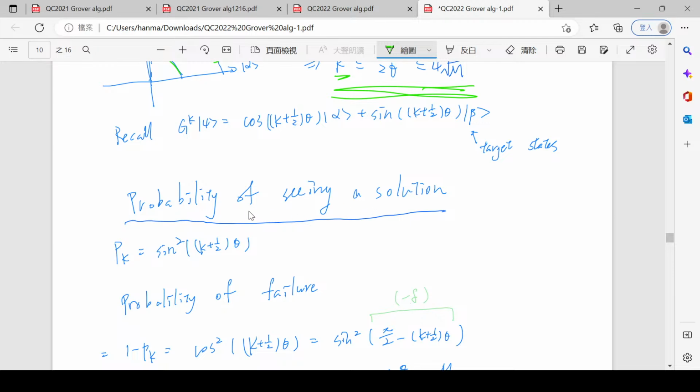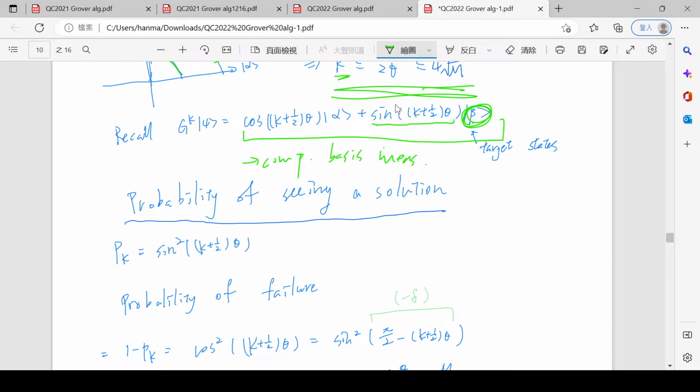So the probability of seeing a solution: being a little lazy, but you can convince yourself that if you take this state and do a computational basis measurement, then the probability of getting a marked item is just this amplitude squared. It's pretty easy to show, so let's skip the calculation.